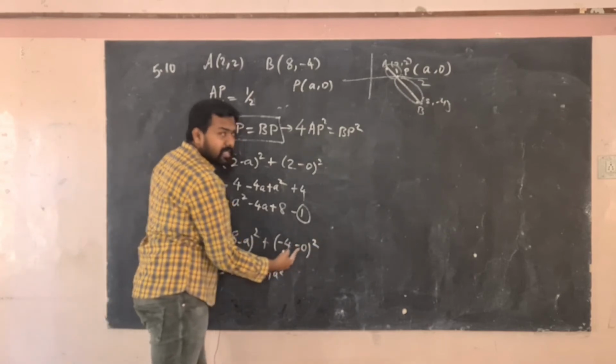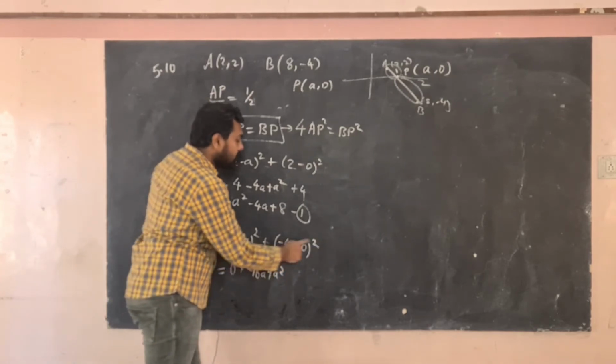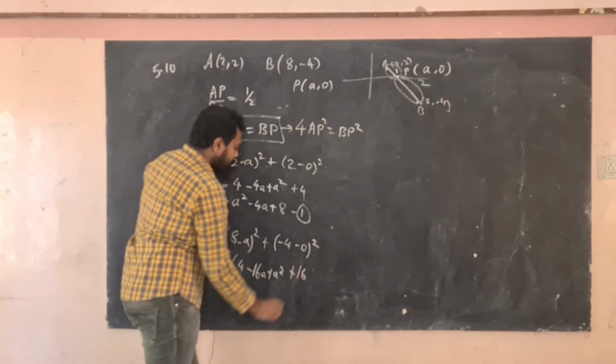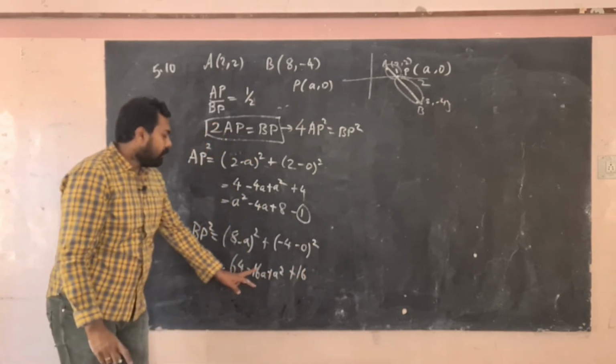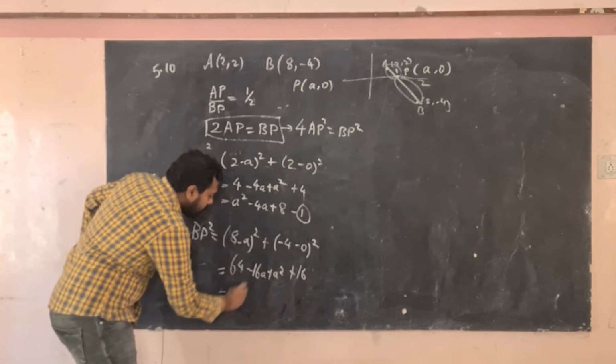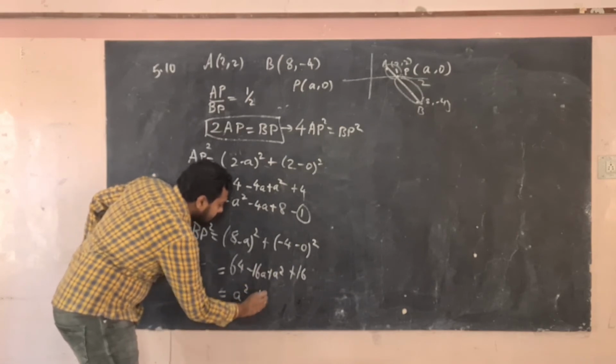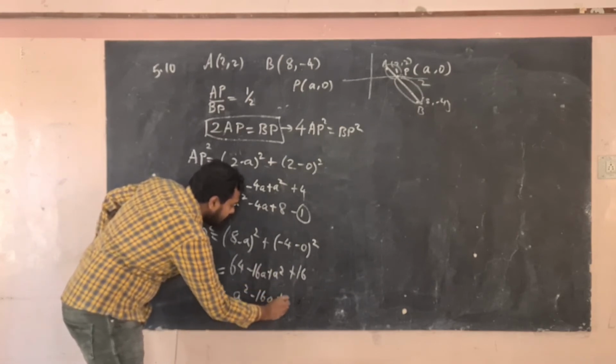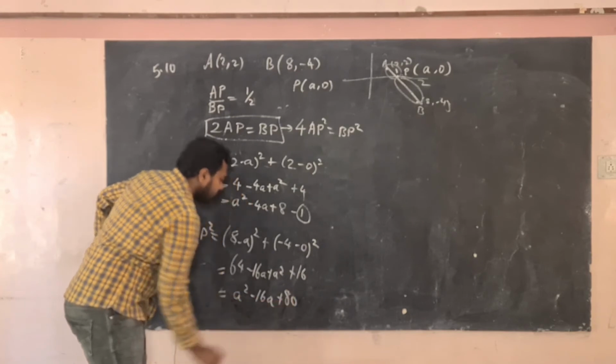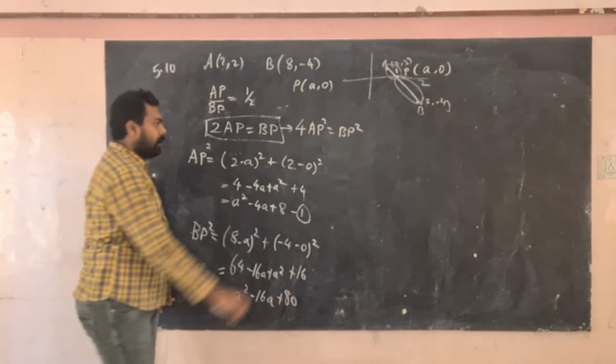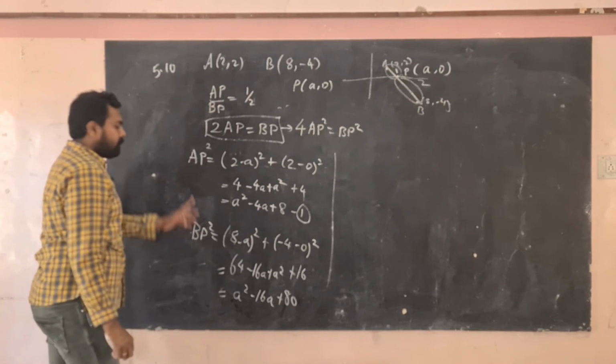Minus 4 minus 0 is minus 4, and minus 4 square is plus 16. Rewriting, a square minus 16a plus 80. So we found AP square and BP square.